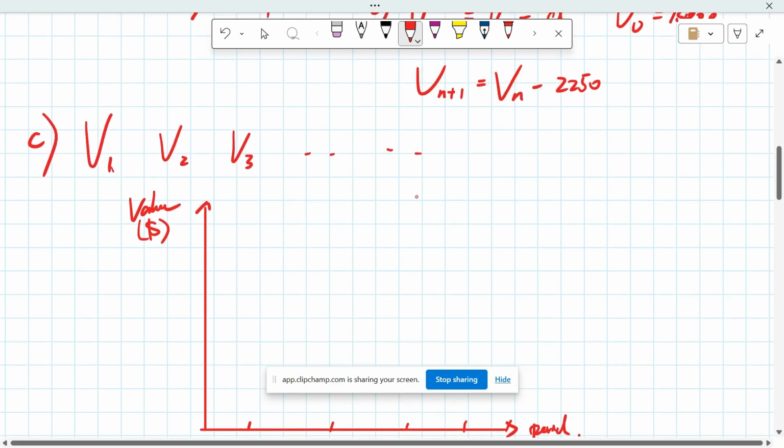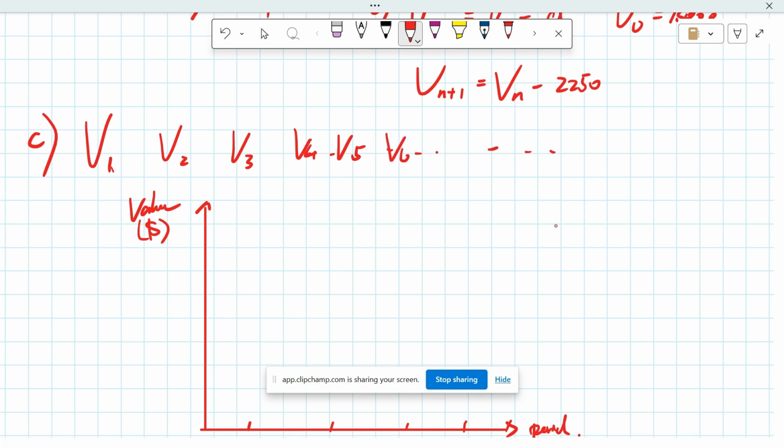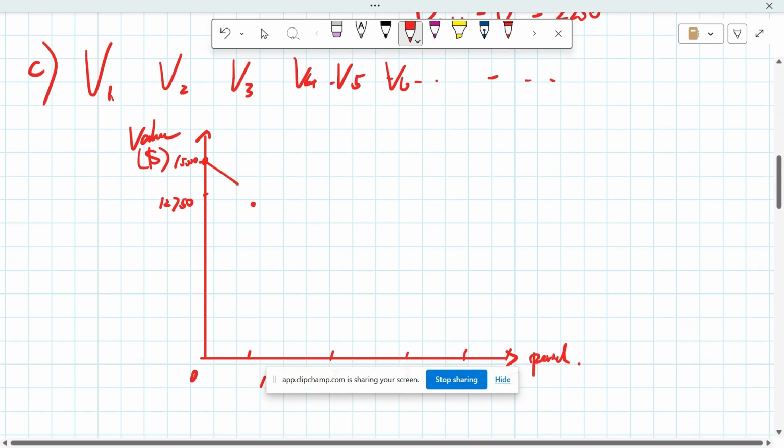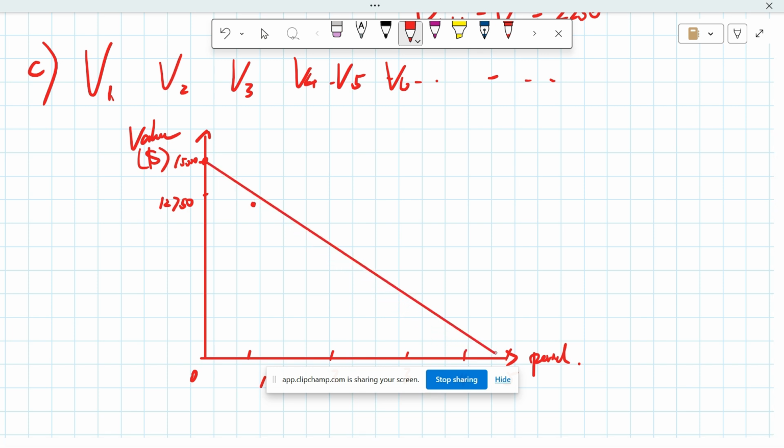Clearly it's going to be a straight line, starting at $15,000 at 0, then going to $12,750 at 1, and we just keep going like that.